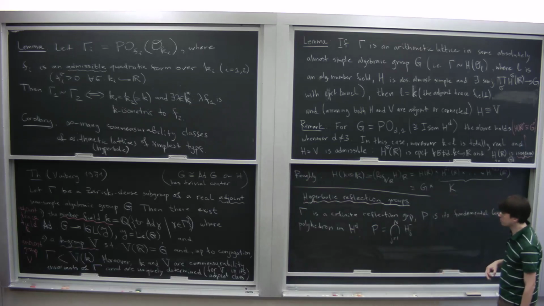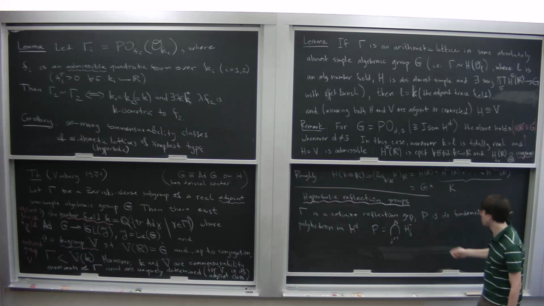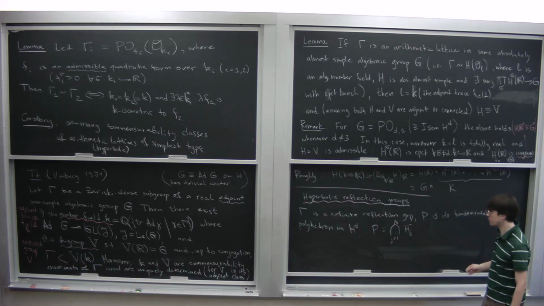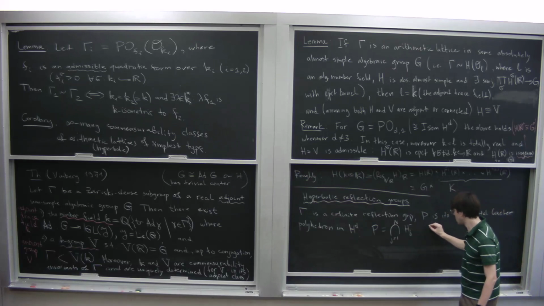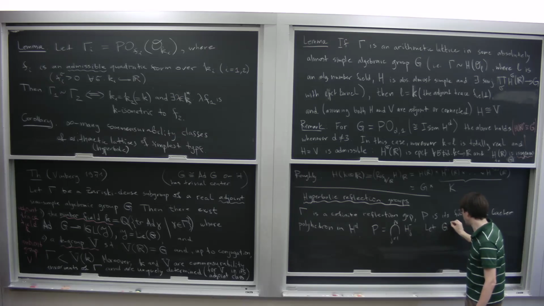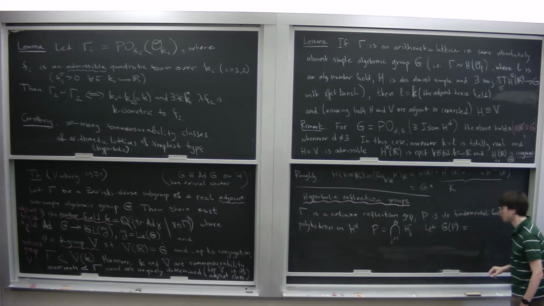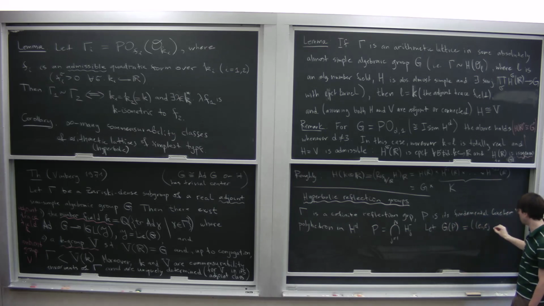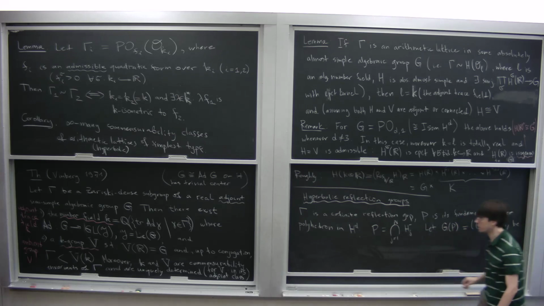And one can associate the Gram matrix. So let G of P be its Gram matrix. So what is the matrix? It is the matrix of the scalar products of e_i and e_j.